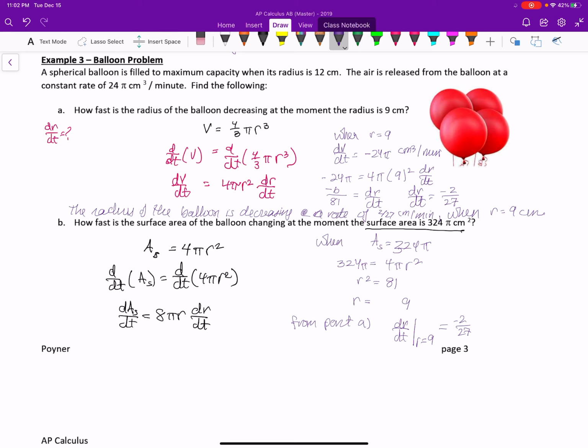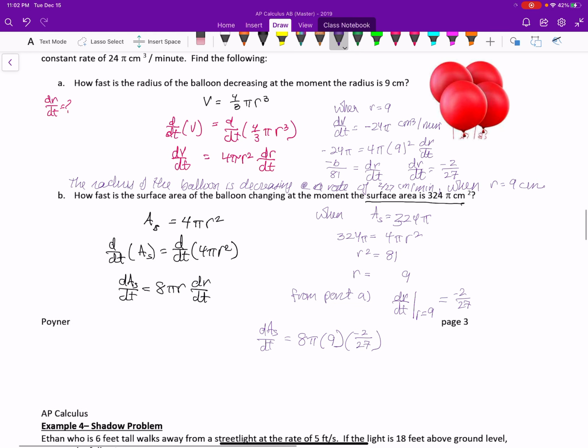I need to utilize that to be able to answer the question, because it says how fast is surface area changing? Okay, so dA/dt is then equal to 8 pi. The radius is going to be 9 at that time, and dr/dt at that time is negative 2 over 27. Now on the AP exam, you would be done here, but this is not the AP exam.